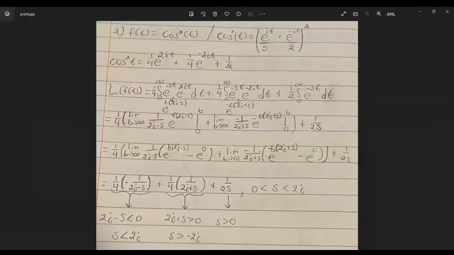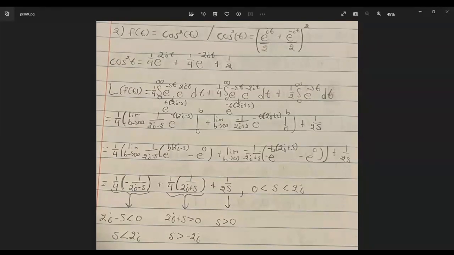Yes. Okay, so it asks me to find the Laplace transformation for cosine squared of t. I know that cosine of t can be rewritten as (e^(it) + e^(-it)) over 2. So I did that and then I squared it, and I separated it into 3 parts: 1/4 e^(2it) plus 1/4 e^(-2it) plus 1/2.